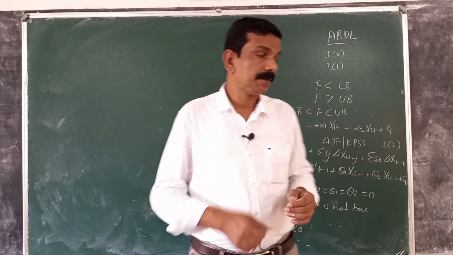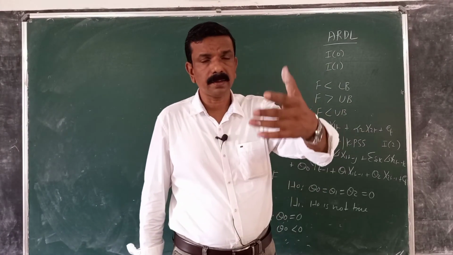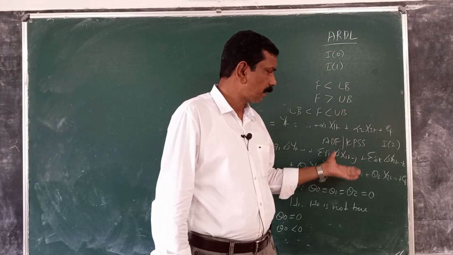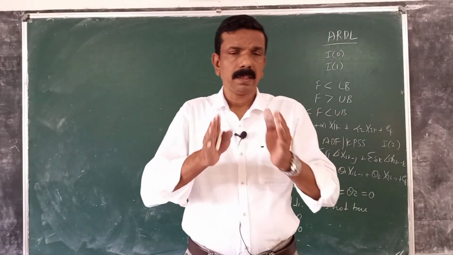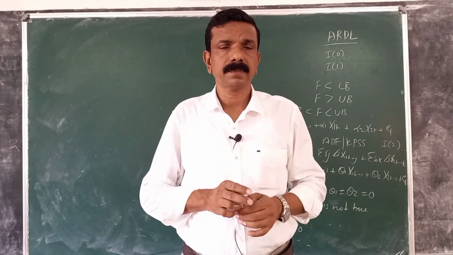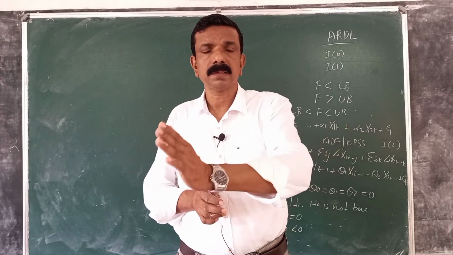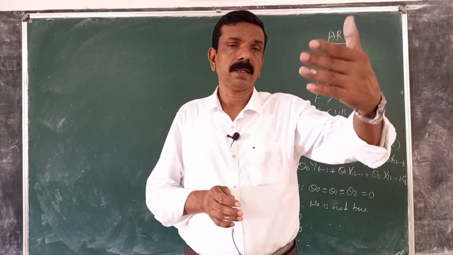The advantage of this procedure is we estimate both the short run and long run as in the conventional ECM. And one more advantage is it is a single equation method. And among the softwares, EViews provides easy estimation procedures, EViews 9 and higher.